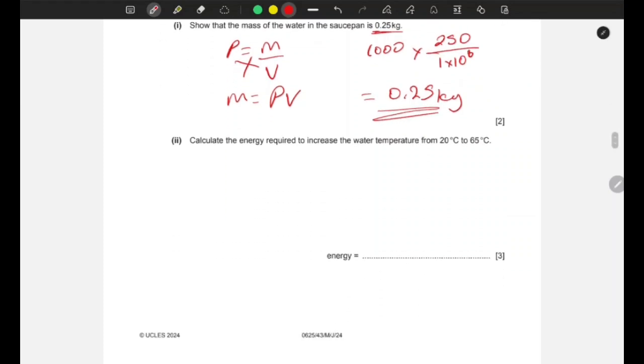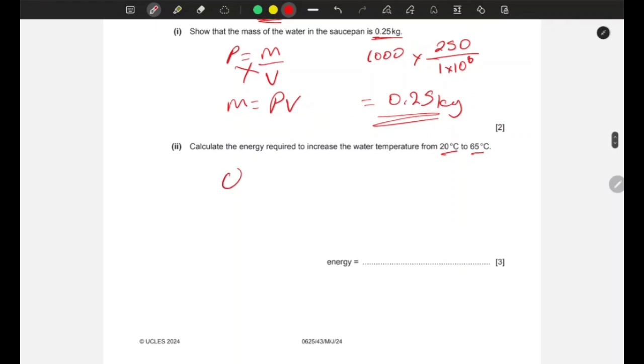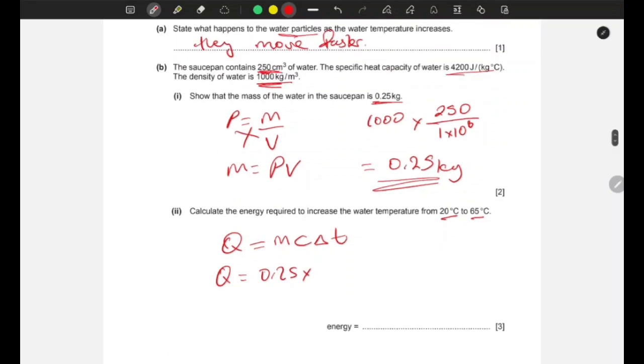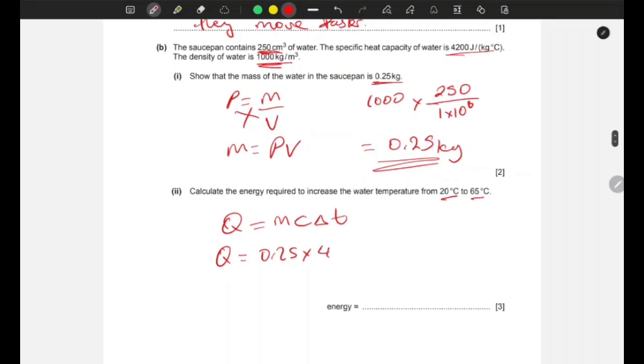Part 2. Calculate the energy required to increase the water temperature from 20 to 65. So we use the formula for specific heat capacity, which is Q equals mc change in T. So Q, that's the energy, and the mass is 0.25, and specific heat capacity, or c, that's given to us, which is 4,200.